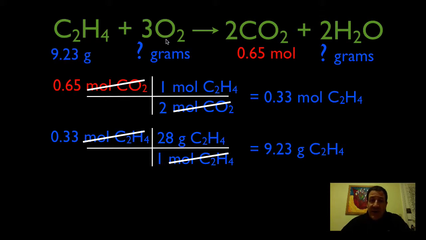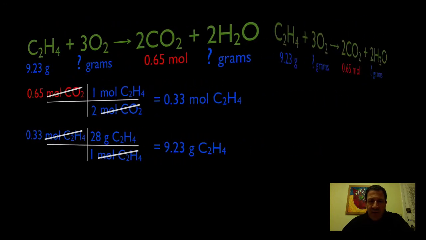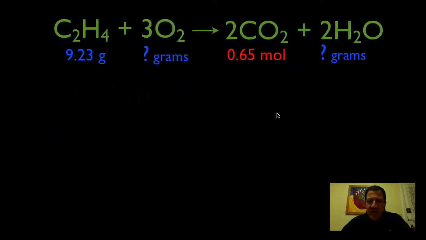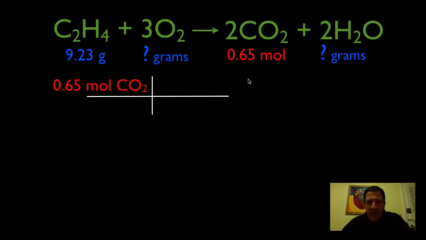We're going to basically do the same thing, of course, using different molar ratios and different molar masses for the oxygen and the water. Okay, so let's just run through those really quick. We're going to start once again with the 0.65 moles. We're going to convert using the molar ratio, and this time we're going to do the oxygen. So we have moles of carbon dioxide on the bottom, moles of oxygen on top, 2 to 3, 3 to 2.